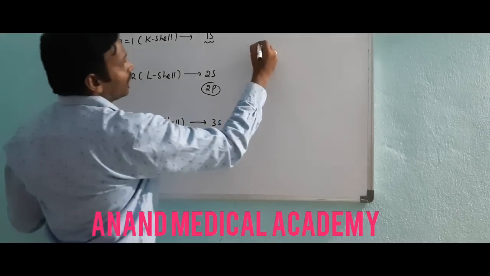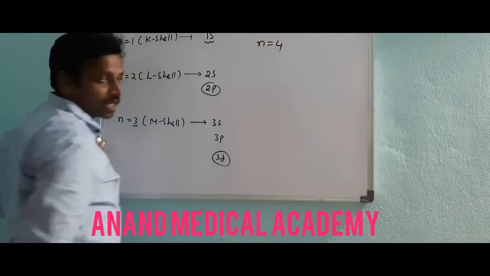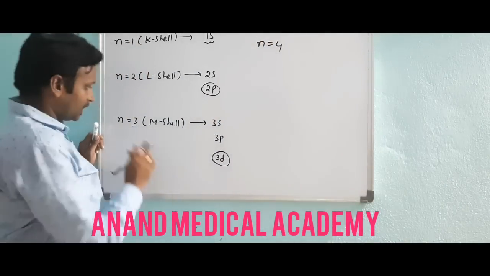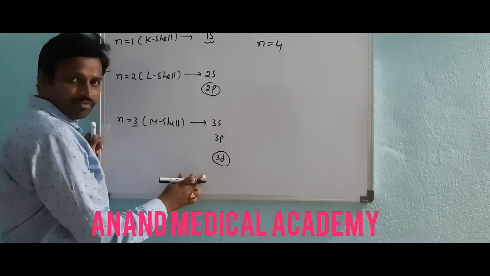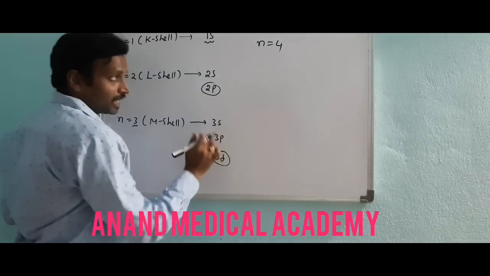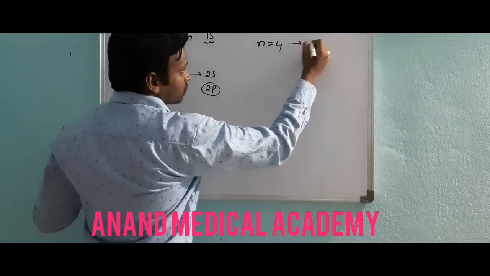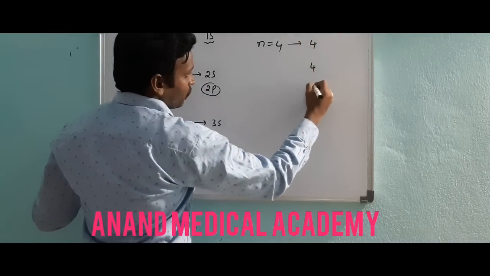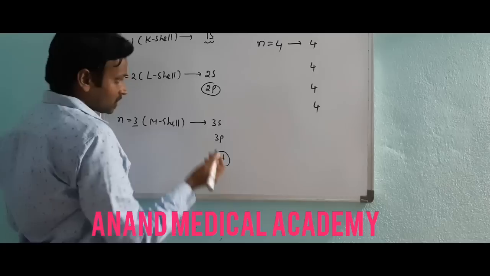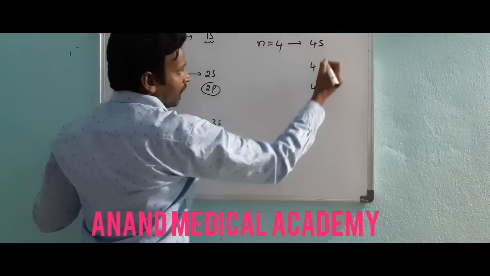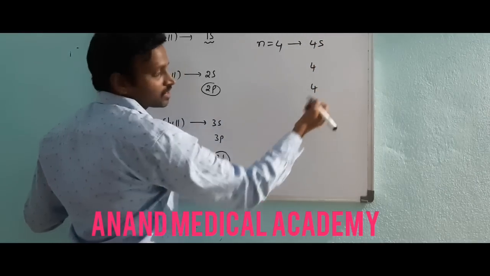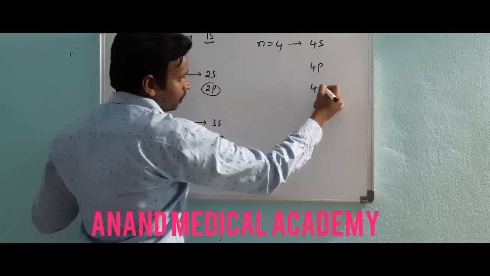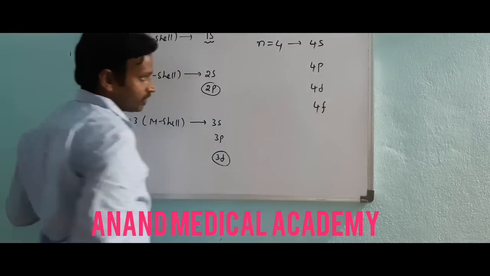Suppose n is equal to 4 now. You tell me, how many subshells are present? n equals 3 means 3 subshells. n equals 4 means 4 subshells: 4s, 4p, 4d, 4f.